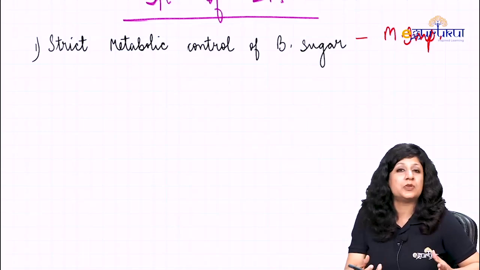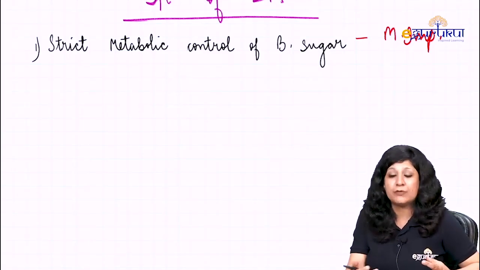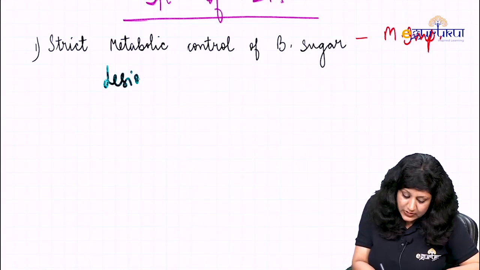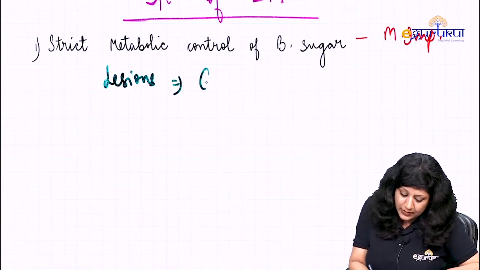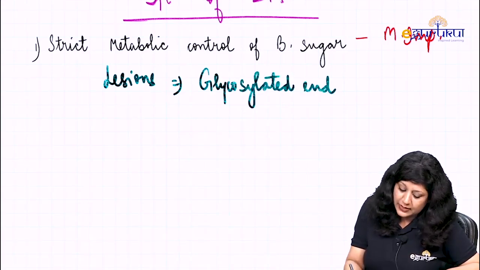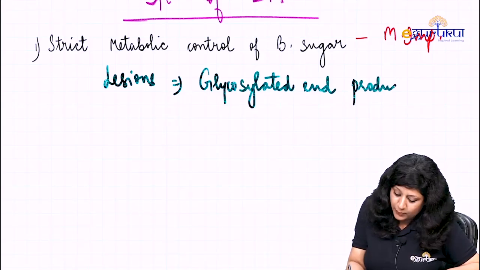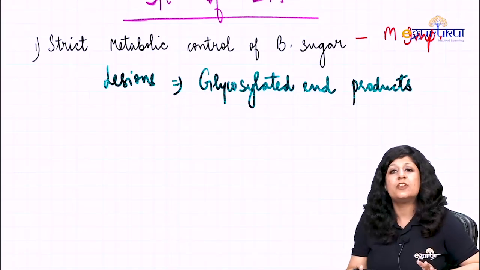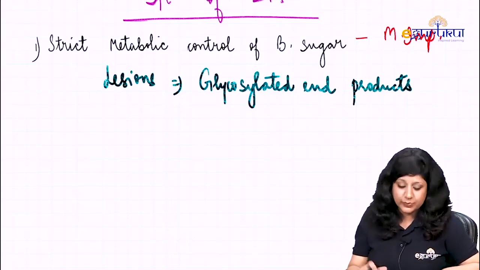The lesions in diabetic retinopathy are formed due to glycosylated end products. Because glycosylated end products form the lesions, the first thing we should do is strict metabolic control.